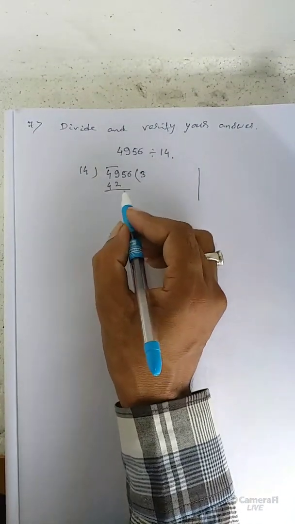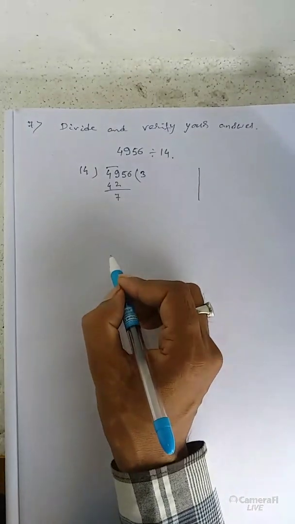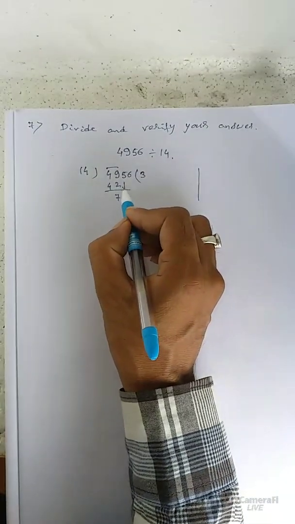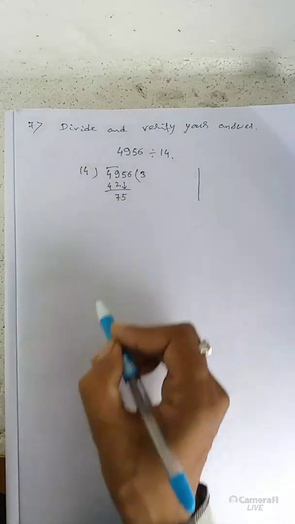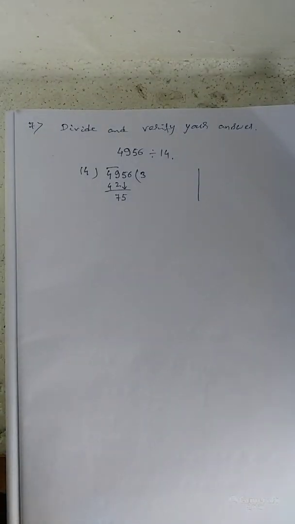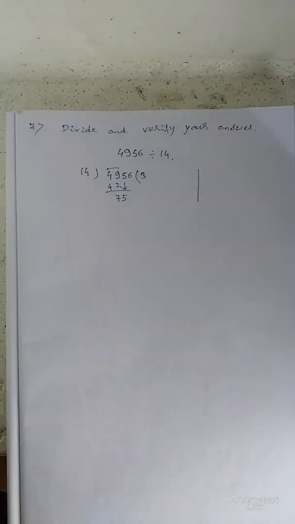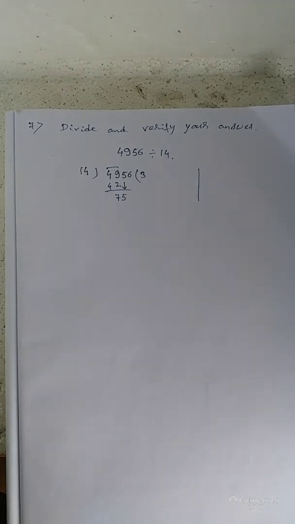42. Subtract. We get 7. Now take only one digit from here, 5, 75. Again proceed with the table of 14. 14 4 ja 56, 14 5 ja 70, 14 6 ja 84.